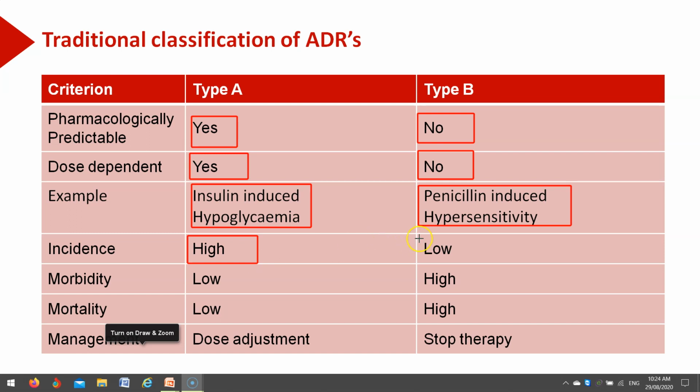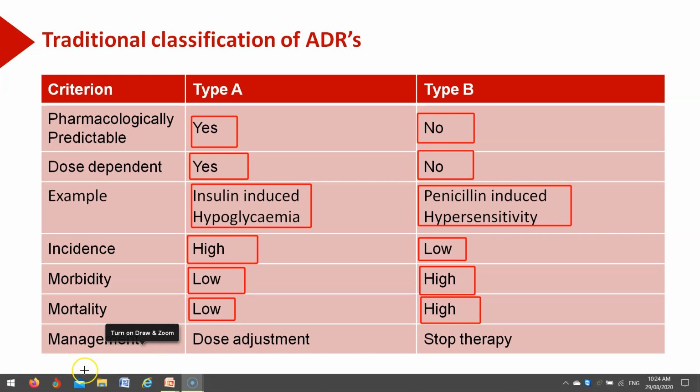The incidence rate is very low in type B. Morbidity, which includes the permanent harmful effects, is low in type A and high in type B. Mortality rate, the death rate, is low in type A and very high in type B. As I told you, some of the reactions, like penicillin-induced hypersensitivity reactions, may be life-threatening. So the death rate is very high in type B and very low in type A.